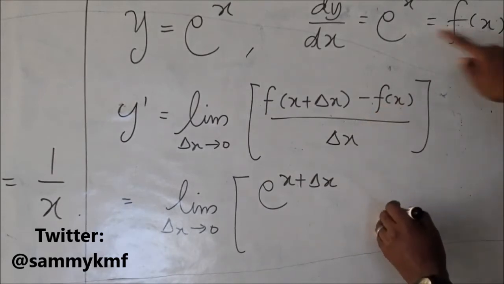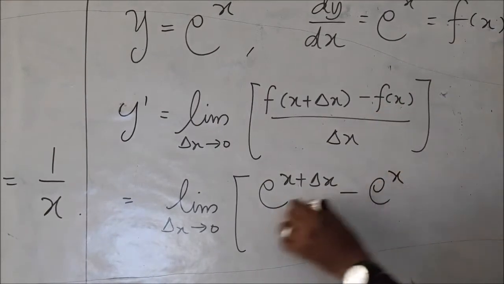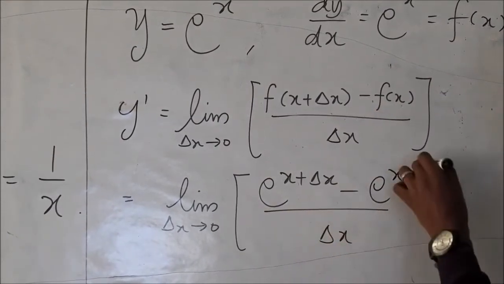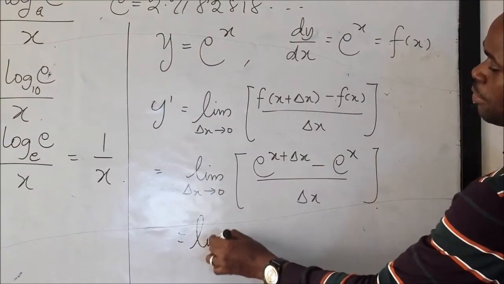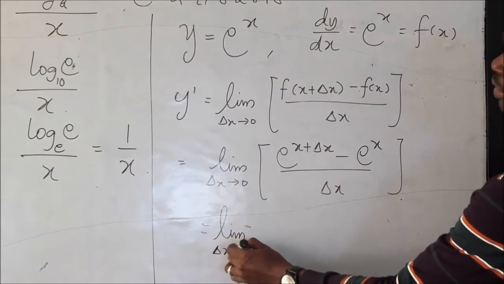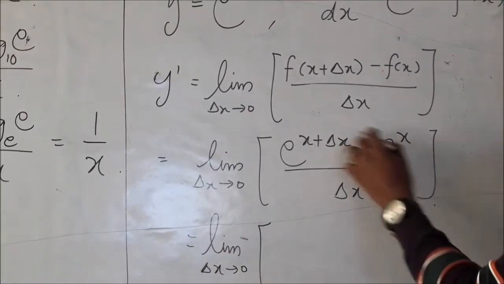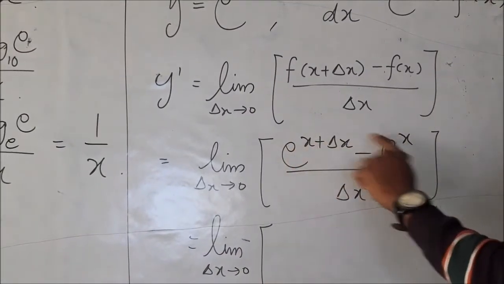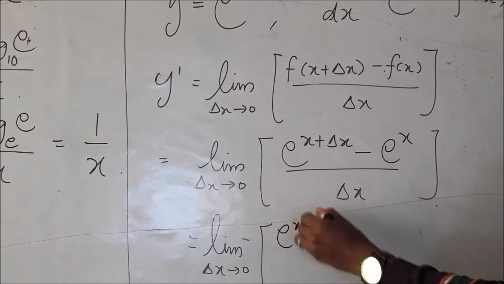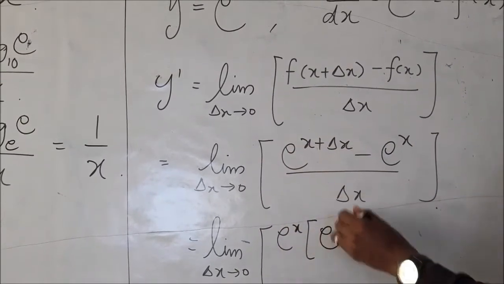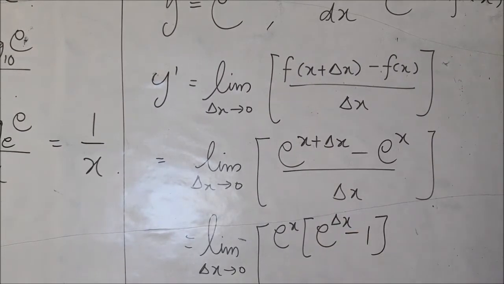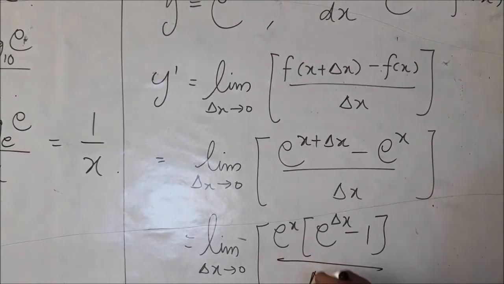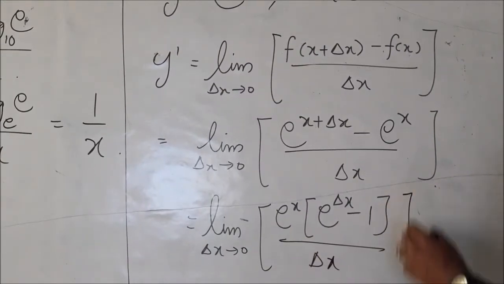And f of x remains e raised to the power of x, and this is divided by the change in x. Now, this can be further written as the limit as change in x tends to 0. What is common here, we can factorize, that is e raised to the power of x. What will be left here is e raised to the power of change in x, and what will be left here is just 1, and this is divided by change in x.